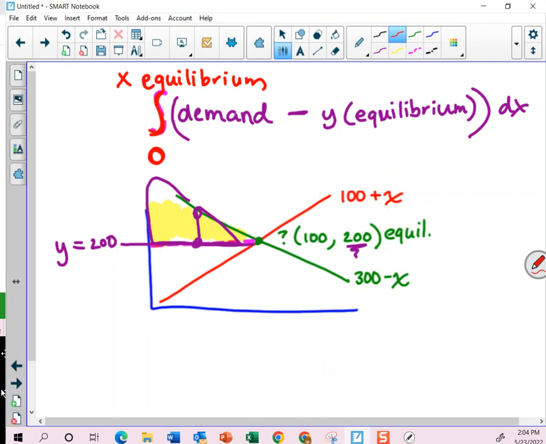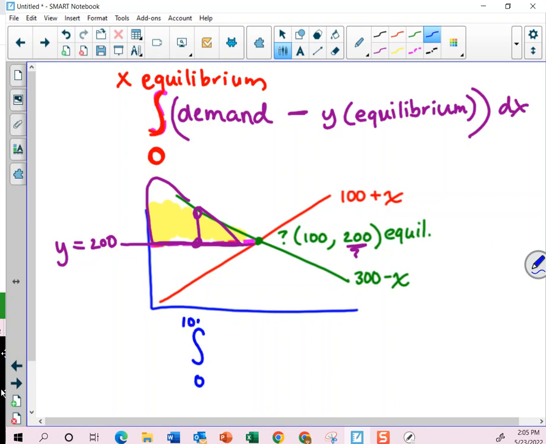Honestly, you don't really have to see the picture for a consumer surplus. If you know which function's the demand and which one's the supply, you can find the intersection. You can build the integral without ever actually seeing what it looks like, because it's always in the same place, always controlled by the same functions.